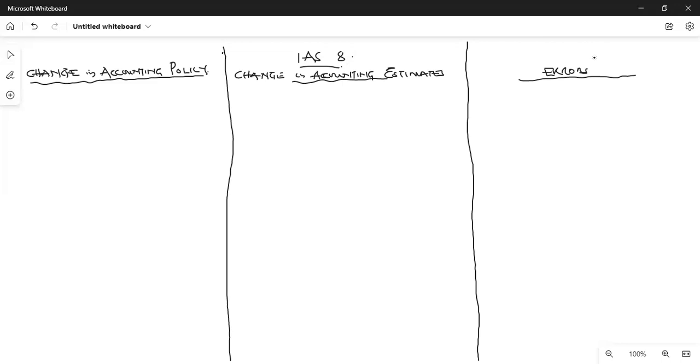Now, what we need to go through and understand is these things. What is change in accounting policy?